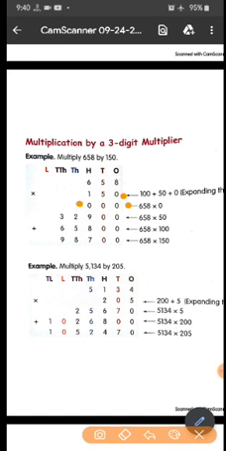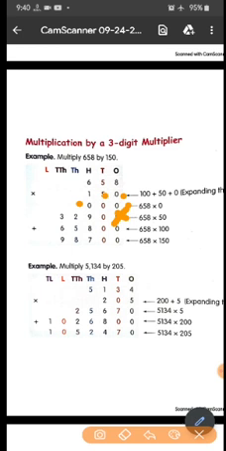Now come to the next, the tens place. Here is 5. So now we will multiply the multiplicand by 5, and in the second line we will write 0 or simply cross on the ones place, because ones is already done. We are counting from the tens place, so we will start writing from the tens place.